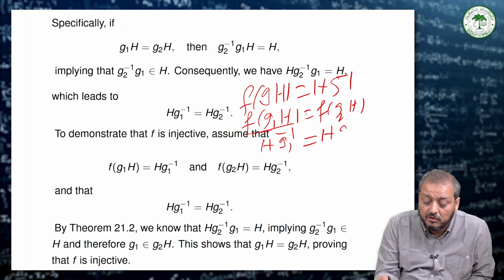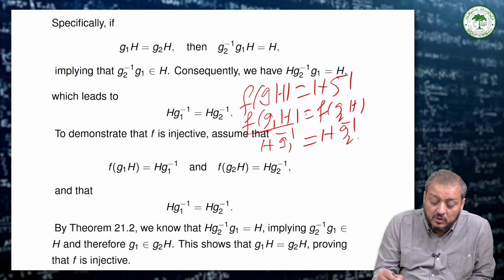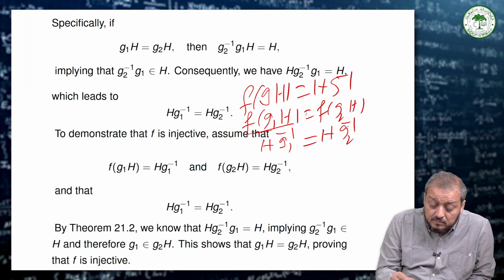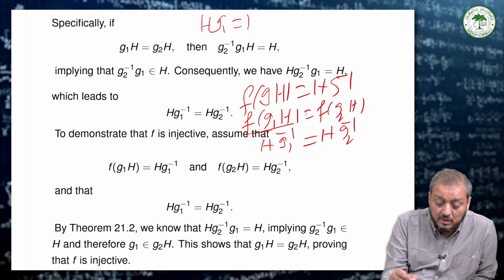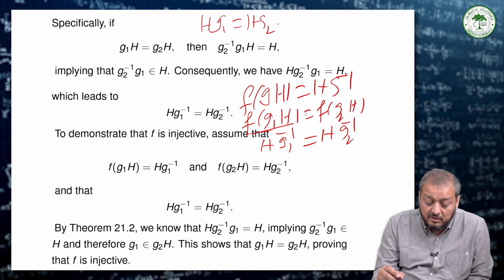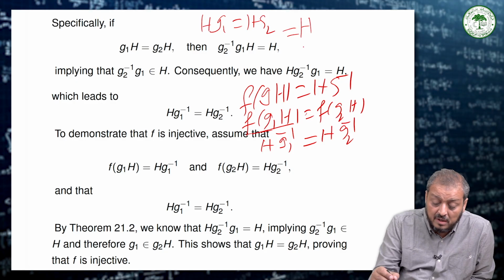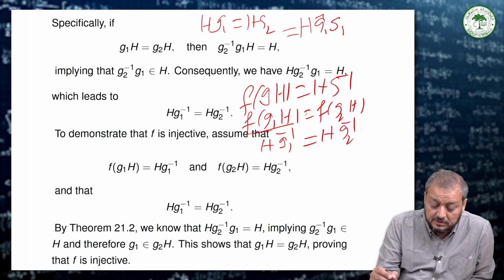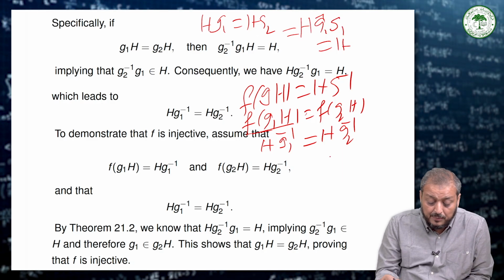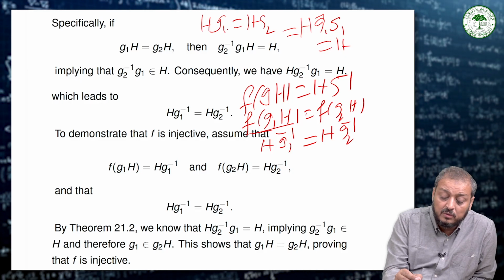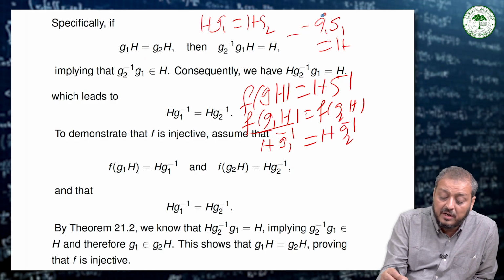This implies that H of G2 inverse, and then we have G1 inverse and G2 inverse. Then again we use the property which says that if H of G1 is equal to H of G2, then this implies that H of G2 inverse G1 is equal to H. So we can reuse the property, and it can simply be written like this.